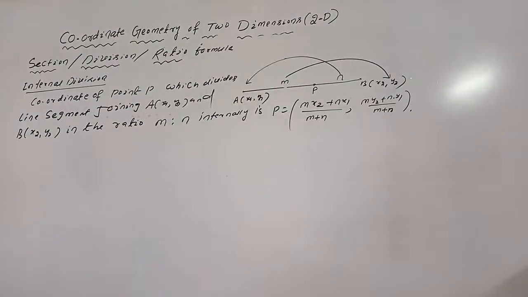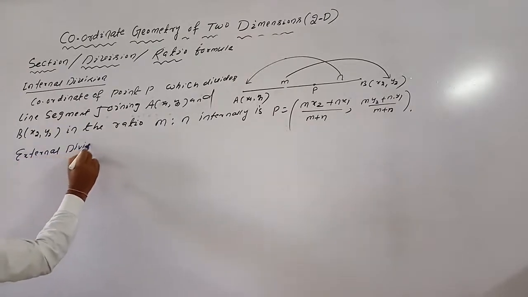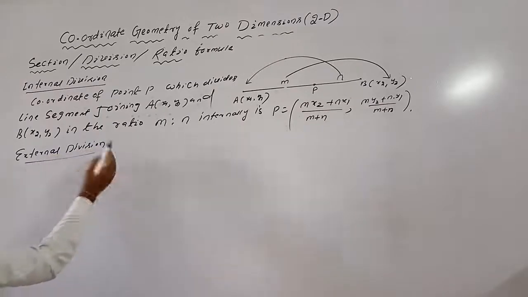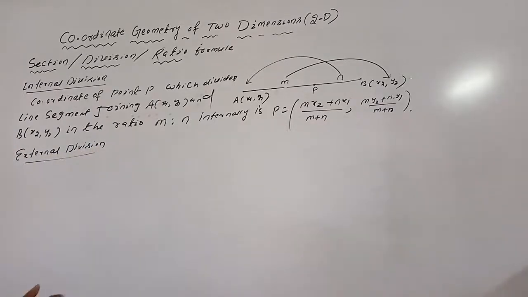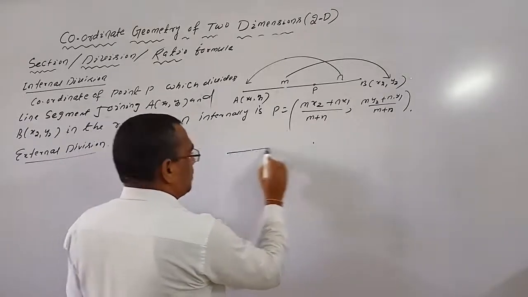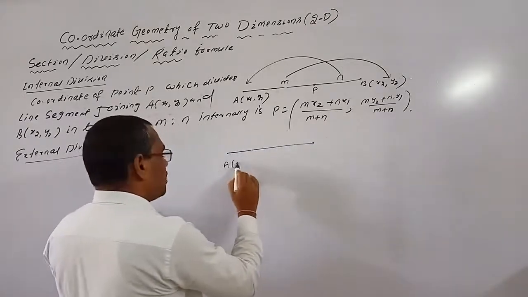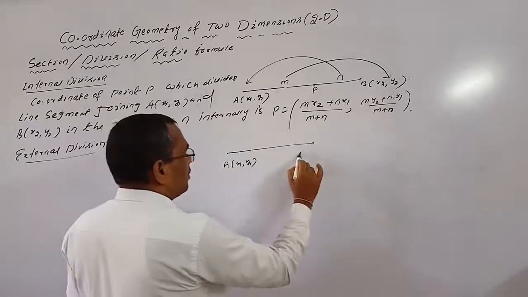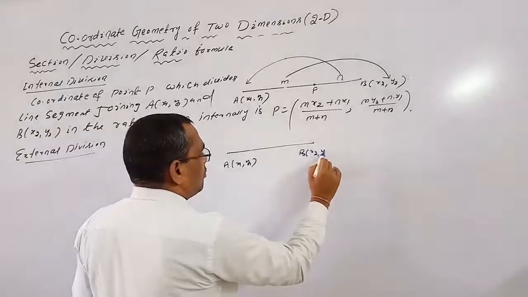Now external division. What will be the coordinate of the point P if it divides the line segment AB externally? So first we draw this figure. Here AB line segment, A of x1, y1 and B of x2, y2.